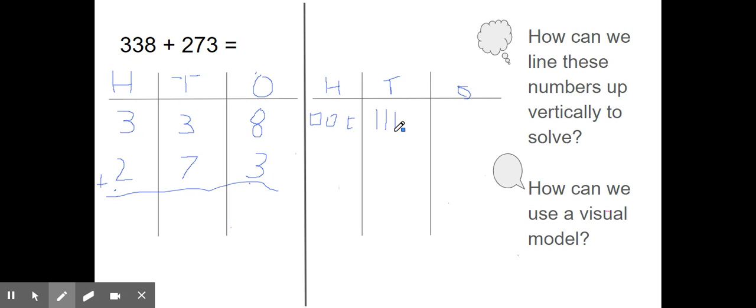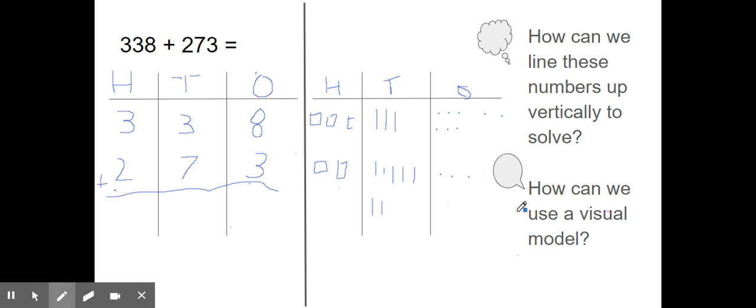And 8 ones. 1, 2, 3, 4, 5, 6, 7, 8. Now let's model 273. 200, 70, 1, 2, 3, 4, 5, 6, 7, and 3 ones.